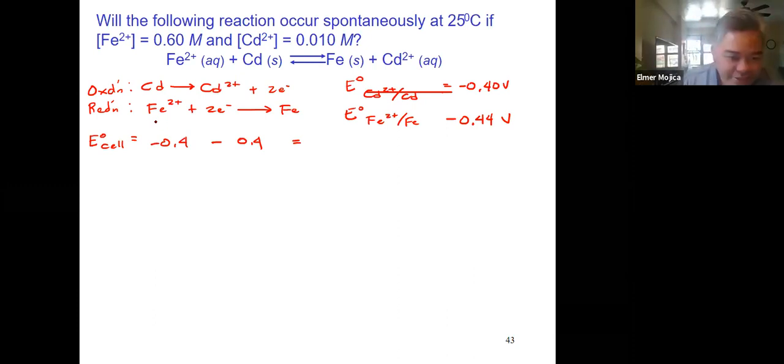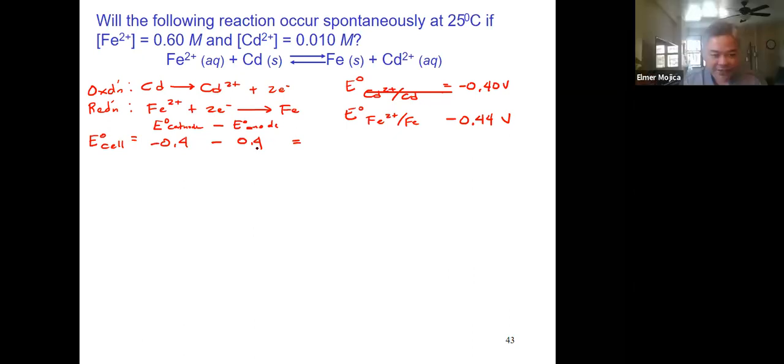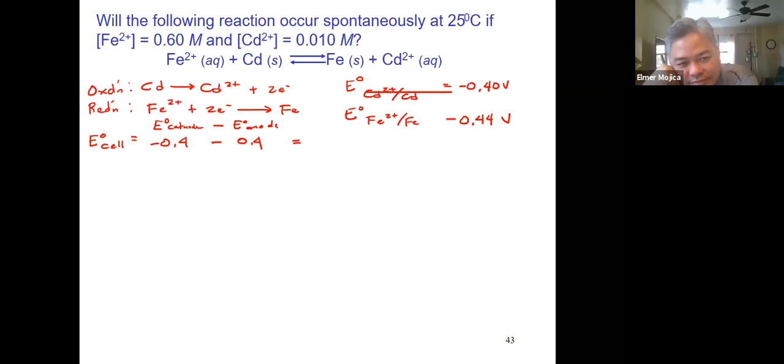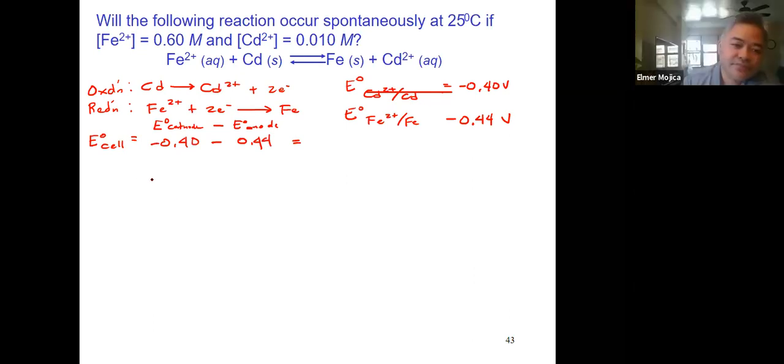Remember, this is your cathode and this is your anode. So is this 40 and this is 44, or this is 44 and this is 40? 40 minus 44. Is this like this, or is it this one?